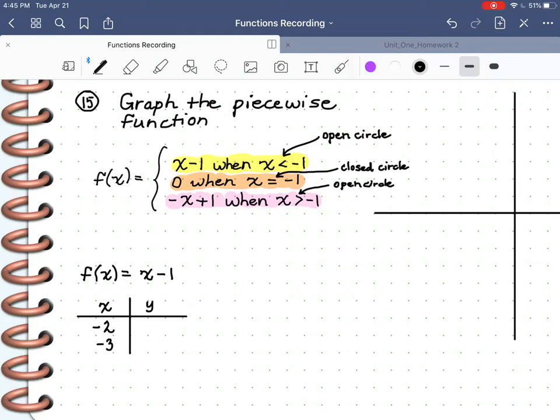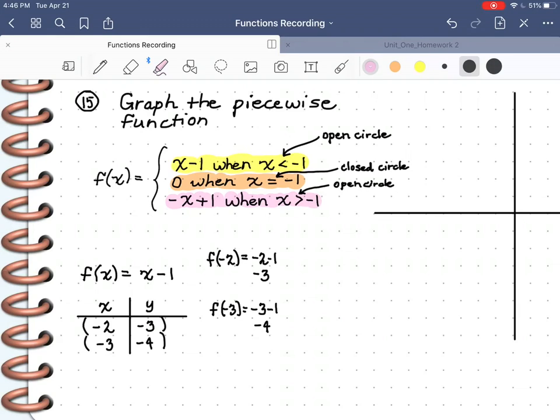So I will evaluate this function at negative 2. So negative 2 minus 1 is negative 3, and that would be the output for negative 2. And then negative 3, we're going to get another output, which would be negative 4. And so there are 2 points related to that first function.